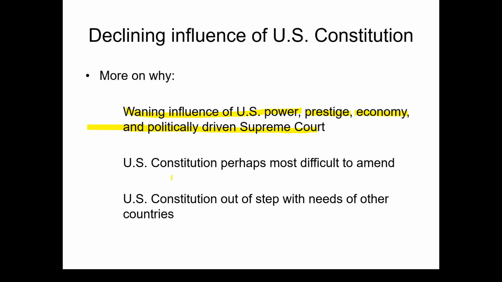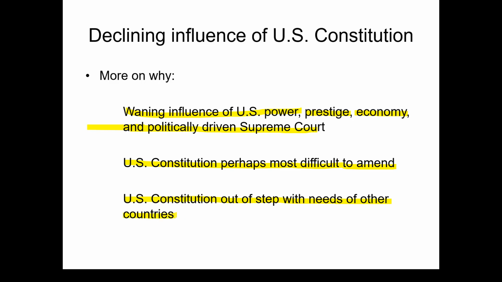The United States Constitution might actually be too difficult to amend, and the more polarized we get, the less likely it is that we would be able to amend it. So other countries are saying, well, we don't want to get into that stumbling block. And then the U.S. Constitution may certainly be out of step with the needs of other countries.